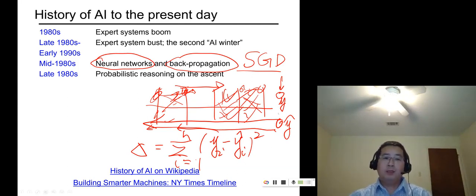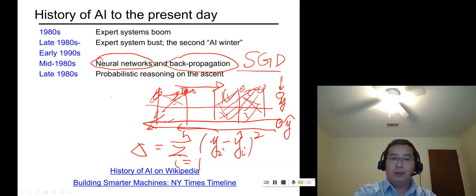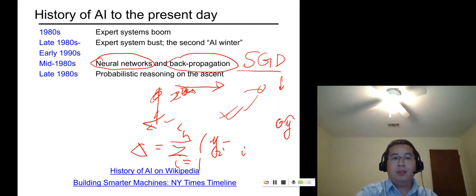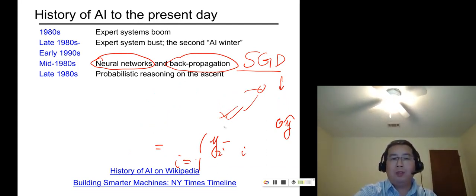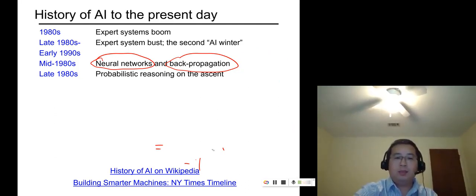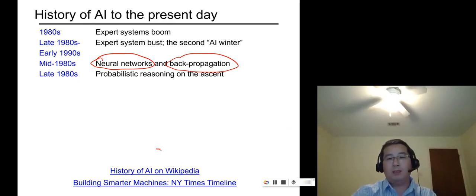After that, in the late 1980s, we have probabilistic reasoning. At that time, people wanted to deal with problems with uncertainty.